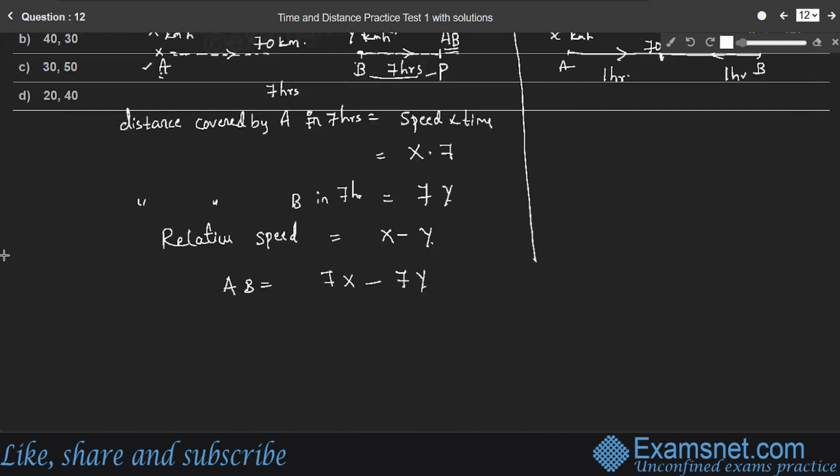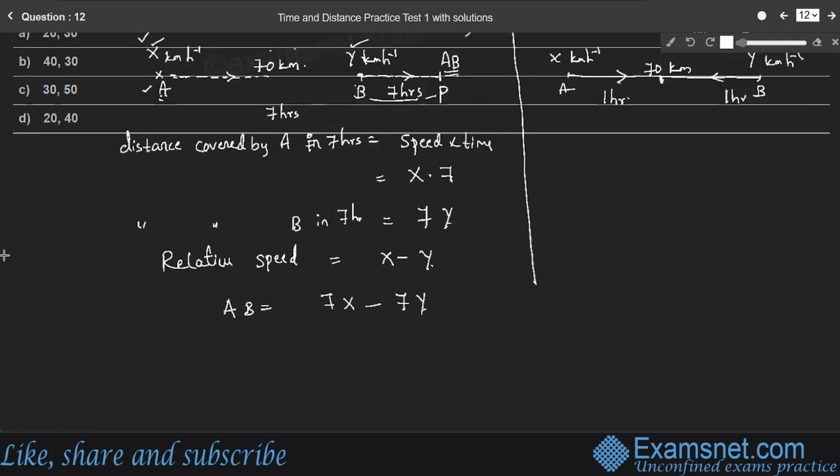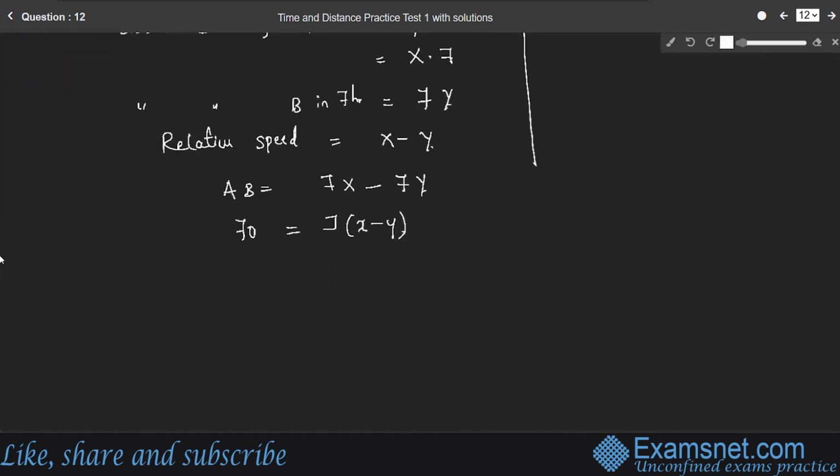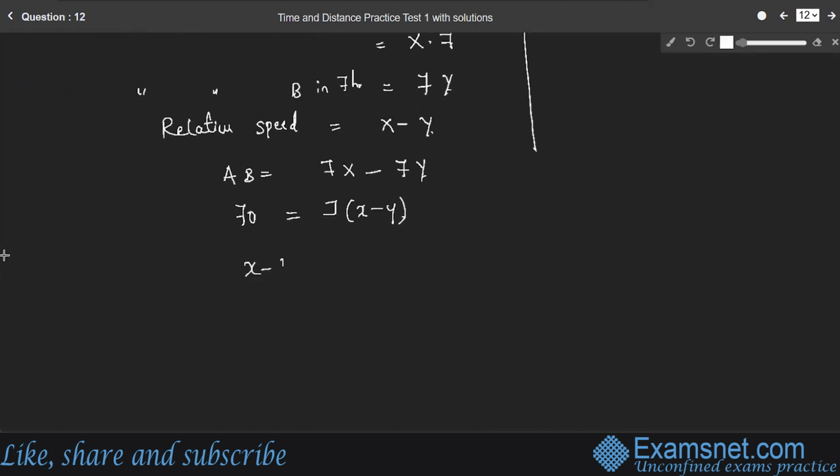So AB, which is 70 kilometers, equals 7 into (x minus y). Since x minus y is the relative speed, x minus y is 70 by 7, which is 10. Consider this as equation 1.